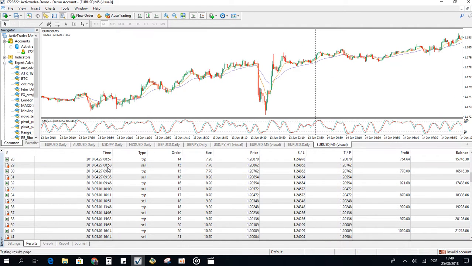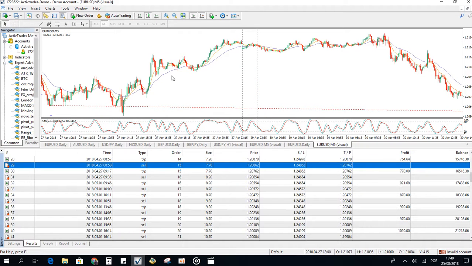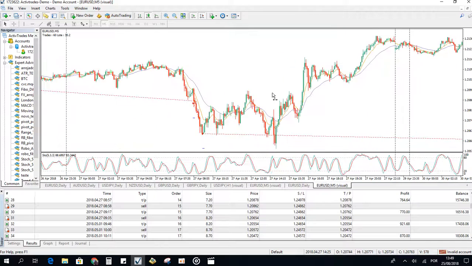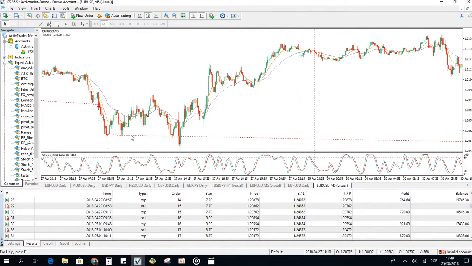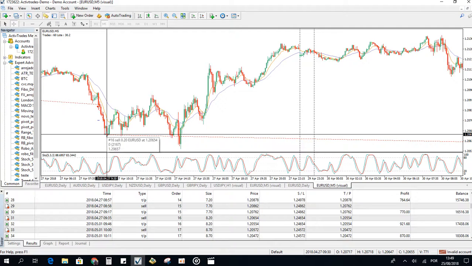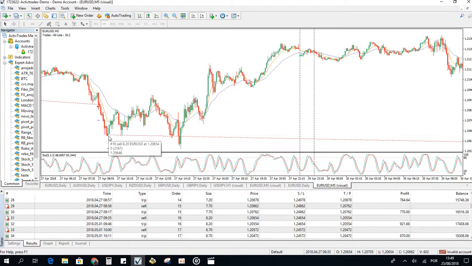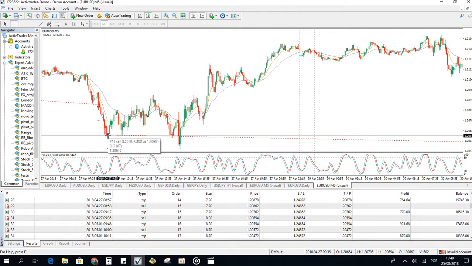It finds an opportunity, like here, and opens an order. This dashed red line is an opportunity. It's an order. So it opened an order here on, when was that? 27th April. What time was it? 9:35.